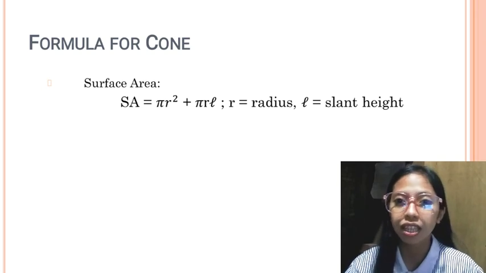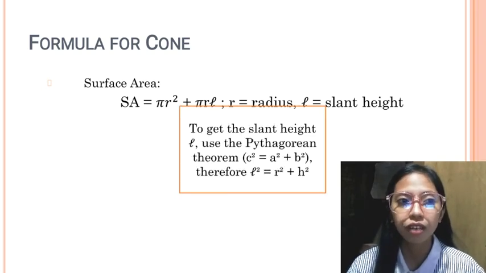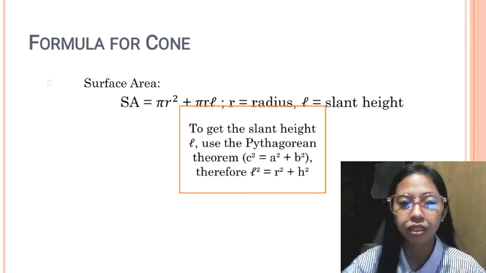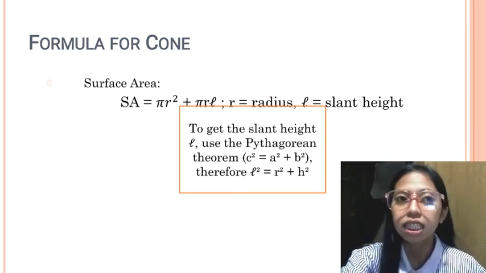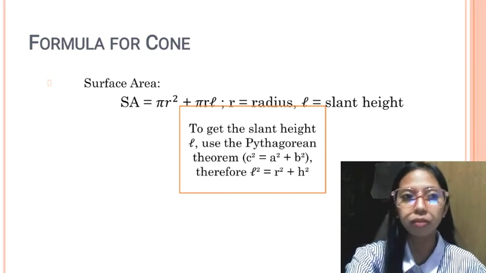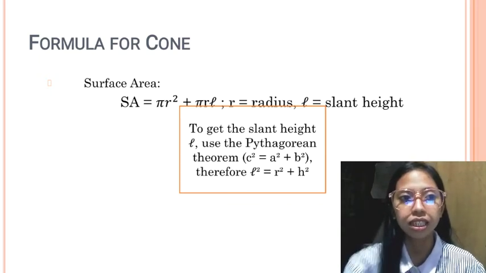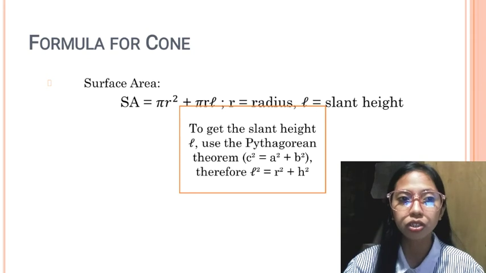In order to get the slant height of the cone, you need to use the Pythagorean theorem, which is c squared equals a squared plus b squared. Therefore, it will be slant height squared equals radius squared plus height squared.